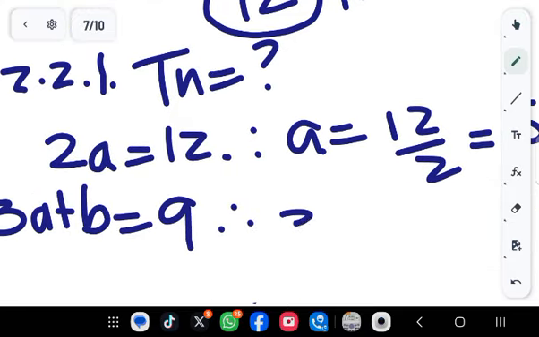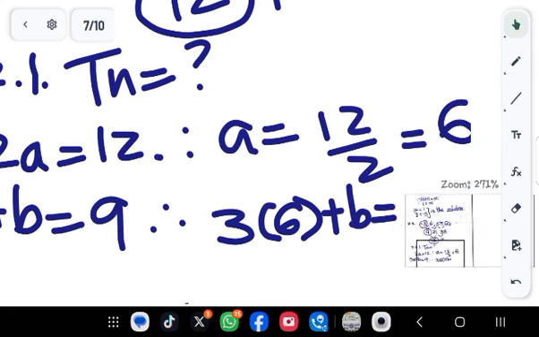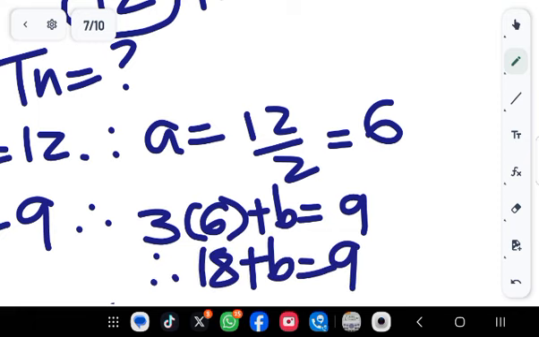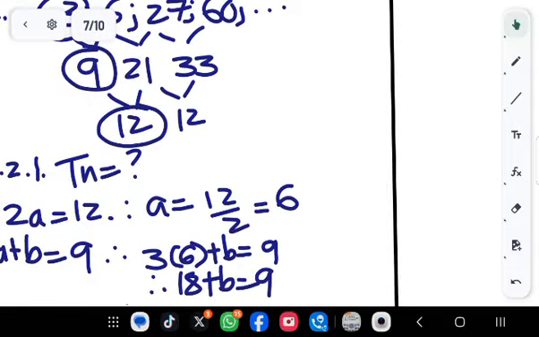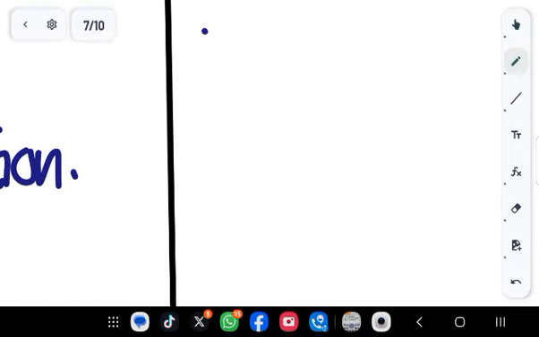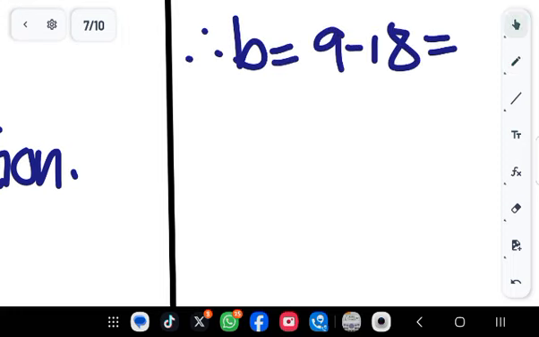Therefore 3 times 6 plus b equals 9, which gives us 18 plus b equals 9. Therefore b equals 9 minus 18, which gives us negative 9.